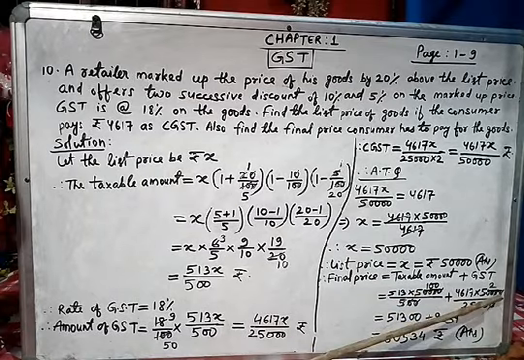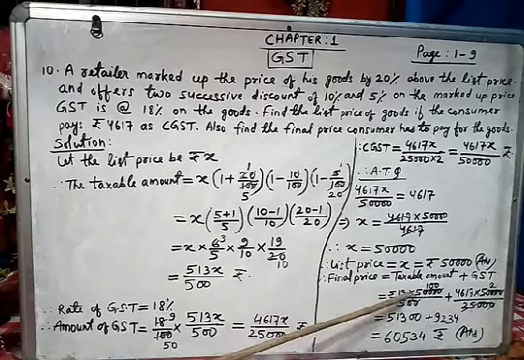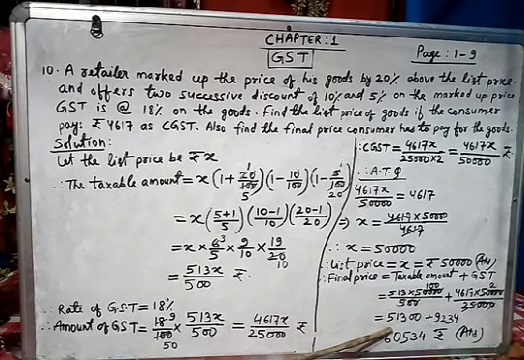And 25,000 and 50,000 when we cancel we get 2 here. Now 513 into 100 is 51,300, and 4,617 into 2 is 9,234. And if we add, our final price is 60,534. So both parts had been asked in the question, and we got the answers.